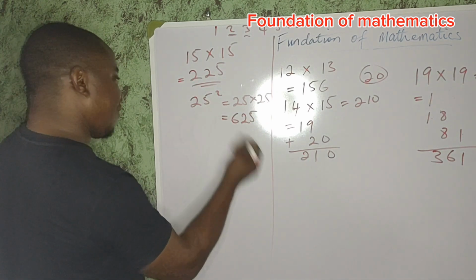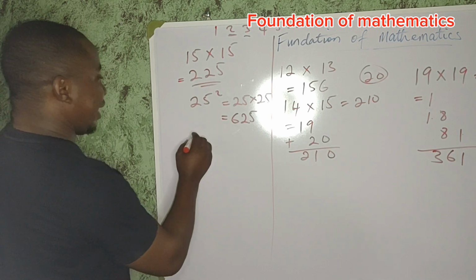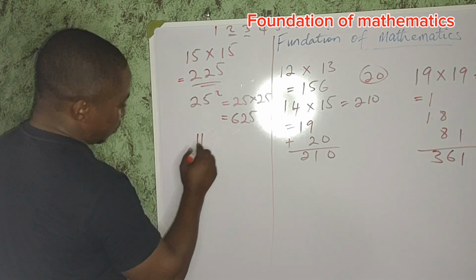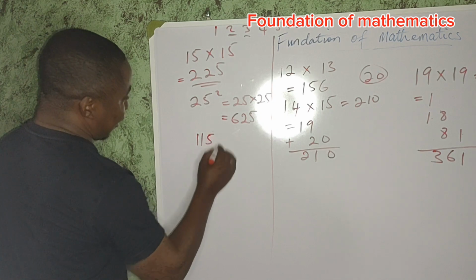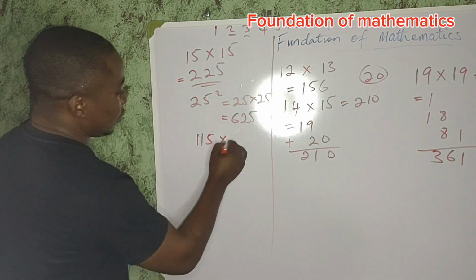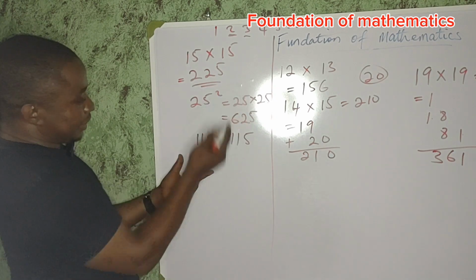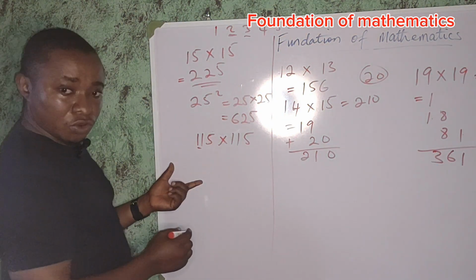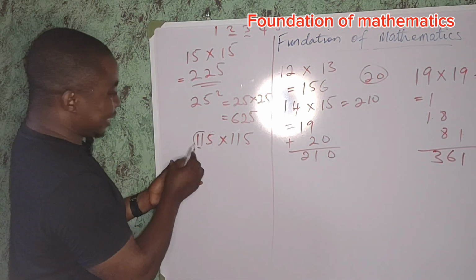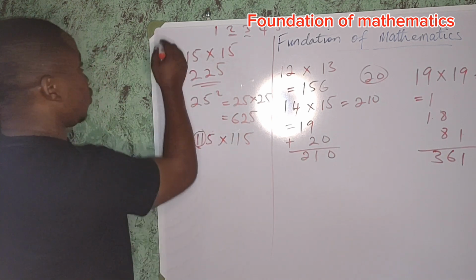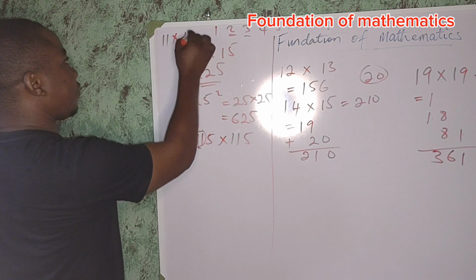Now, what if we have a larger number like, okay, let's look at 115 times 115. In a series of numbers, please take note, we treat this as a single number. So what we have here is 11. The next number after 11, of course, is 12. So 11 times 12.